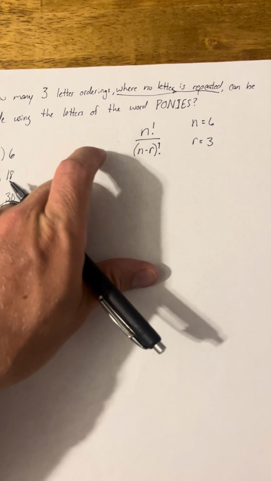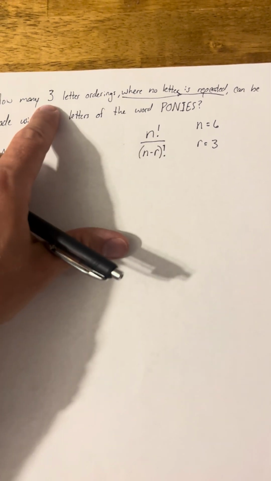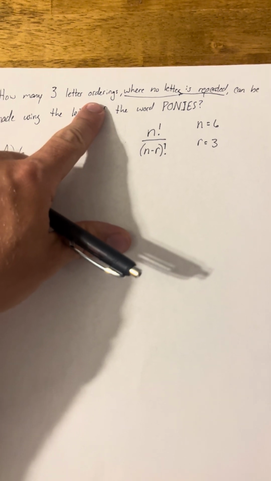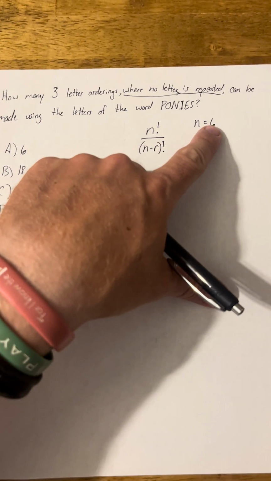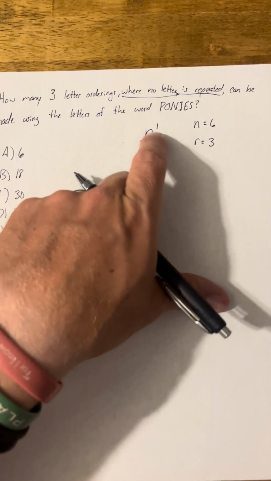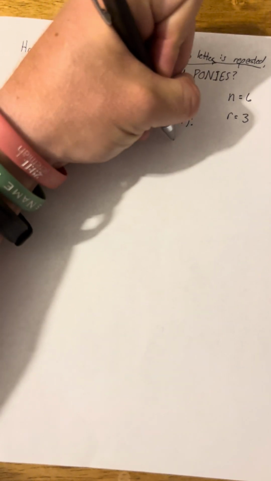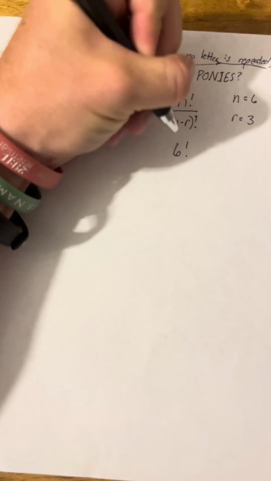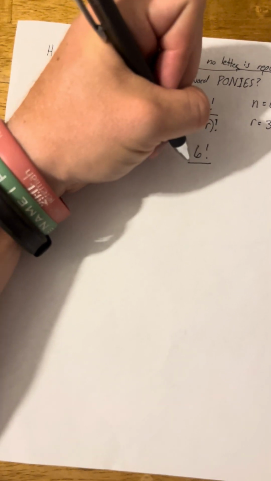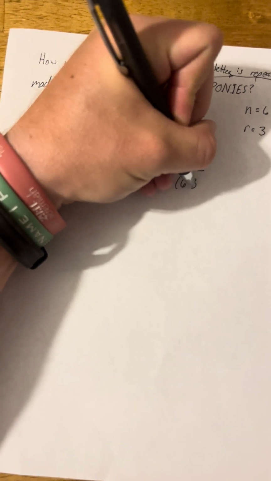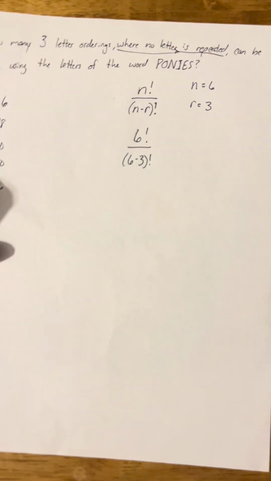So R depends on how many letter orderings you're talking about. But anyway, n is 6, R is 3. So let's fill those in. That's going to be 6 factorial over 6 minus 3 factorial.